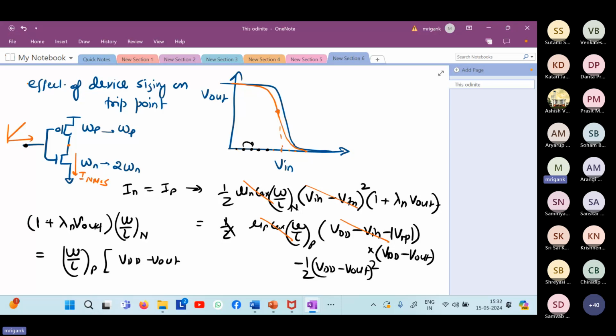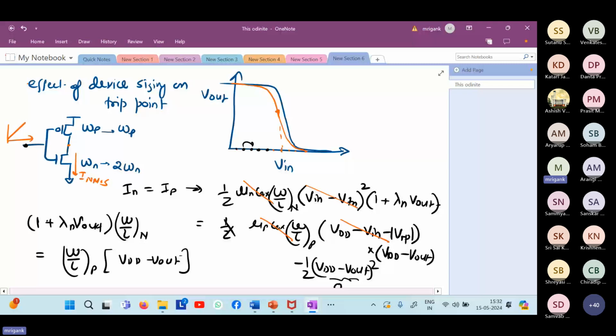Assuming that V out is still close to VDD, I can ignore the last square term, because V out is at this point still close to VDD, so this is going to be small. So I'm left with this. Is that clear? This is a simplified expression. You make some assumptions, ignoring this term close to 0 and retaining only the W by L of N, which is of my interest.